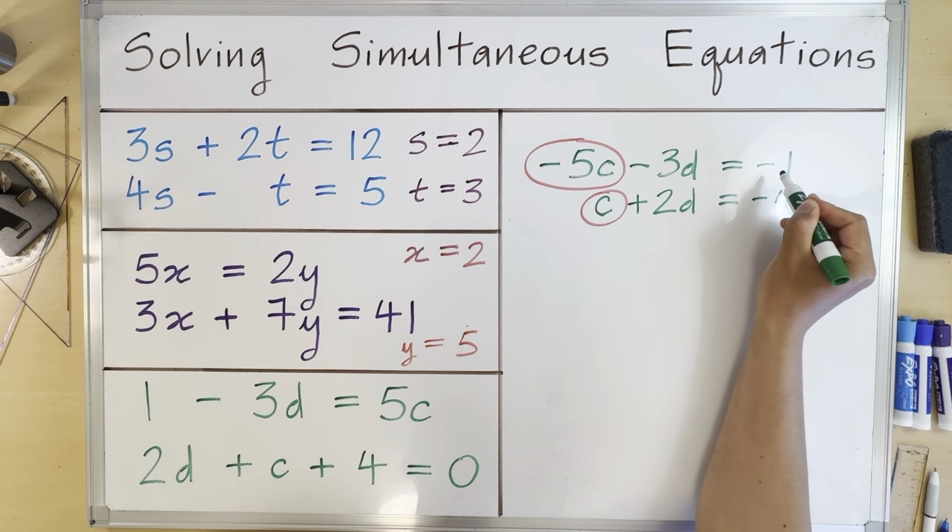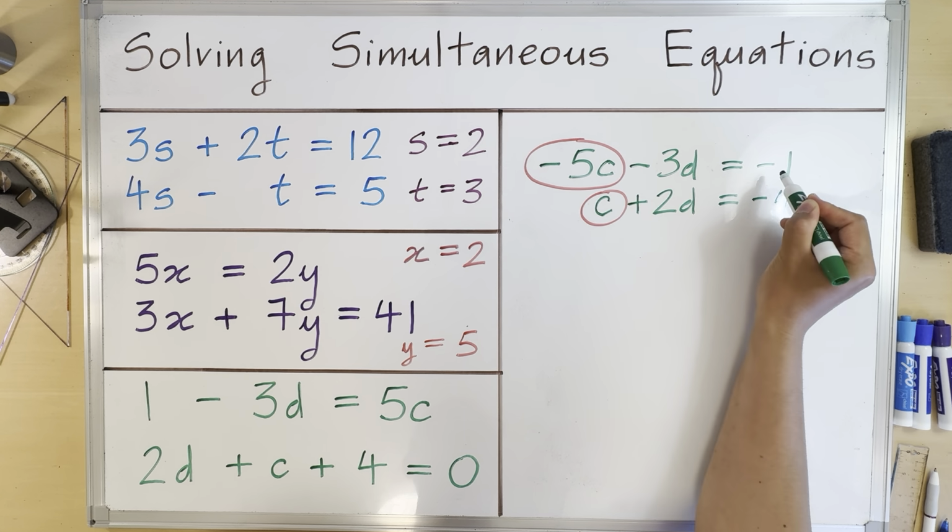So now the first equation remains exactly the same, which is negative 5c minus 3d is equal to negative 1. However, the second equation now becomes, well, negative 5 multiplied by positive 1c.